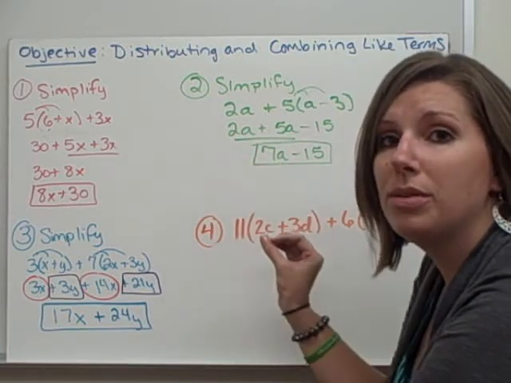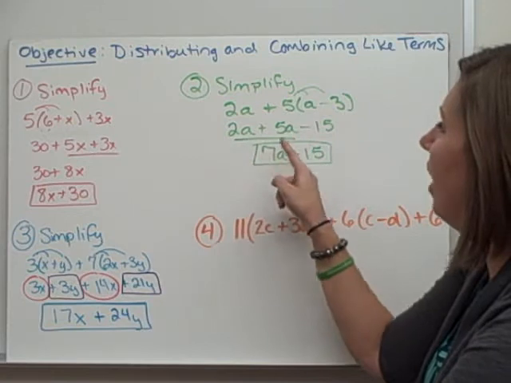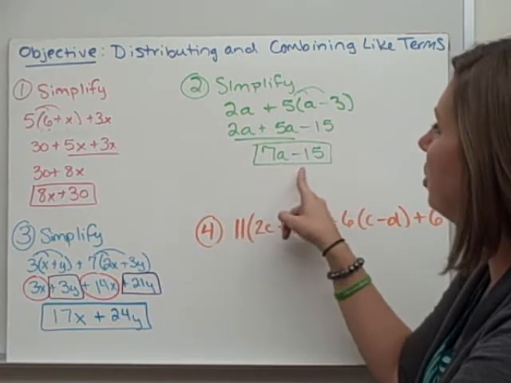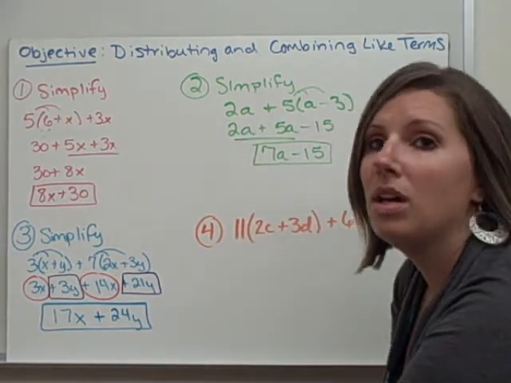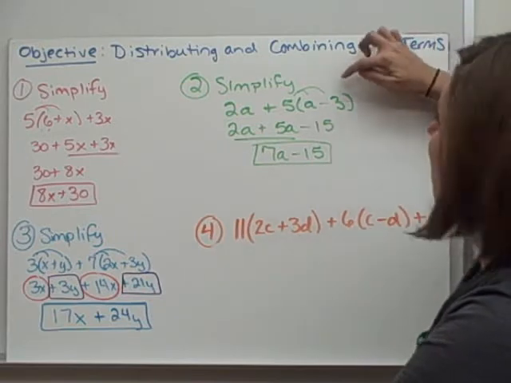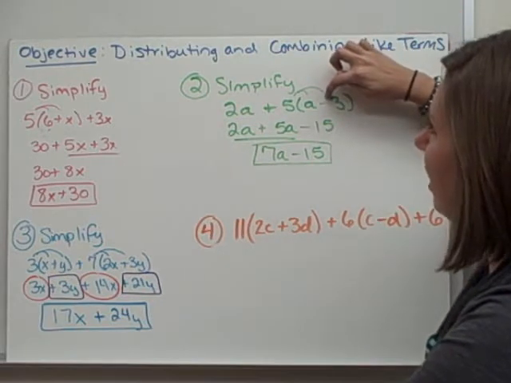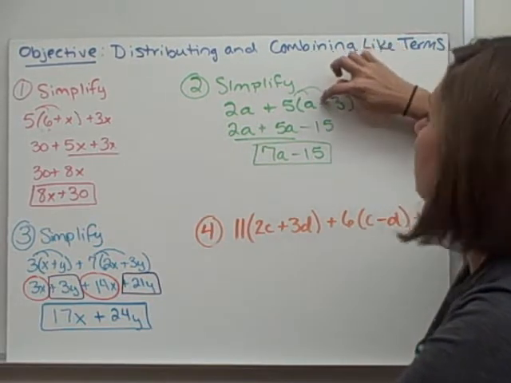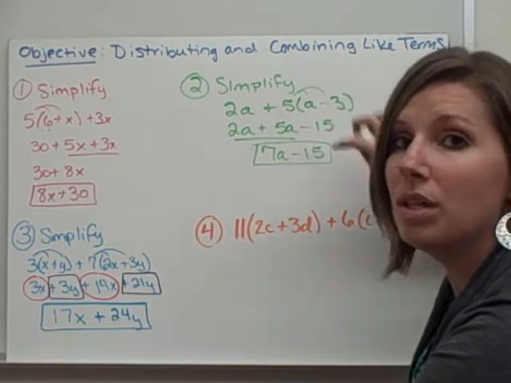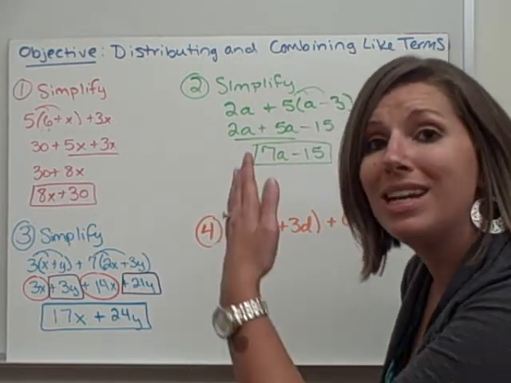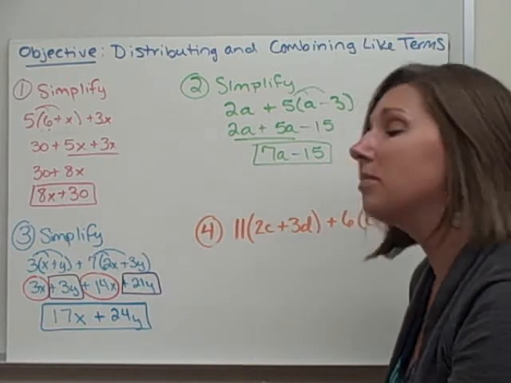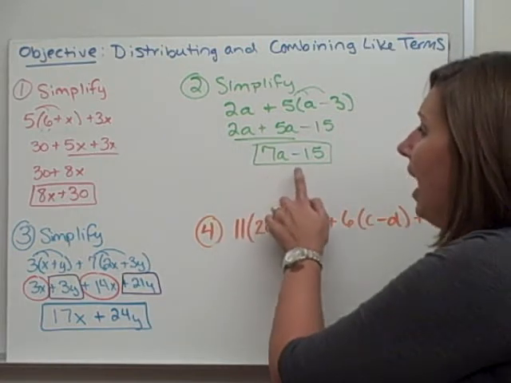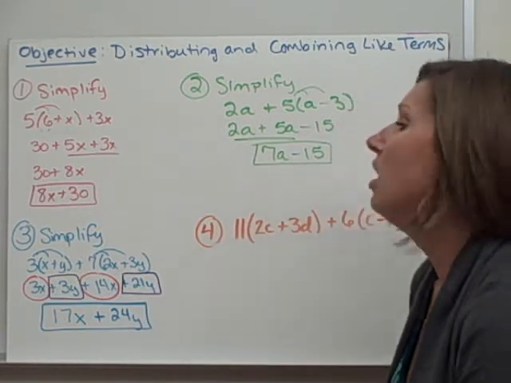I'm going to go ahead and put those together. 2a plus 5a makes 7a's, and I just bring the minus 15 down. It's minus 15 because I've got a minus sign here in front of the 3. So I need to continue to bring those operation symbols down with the problem. My final answer is 7a minus 15.